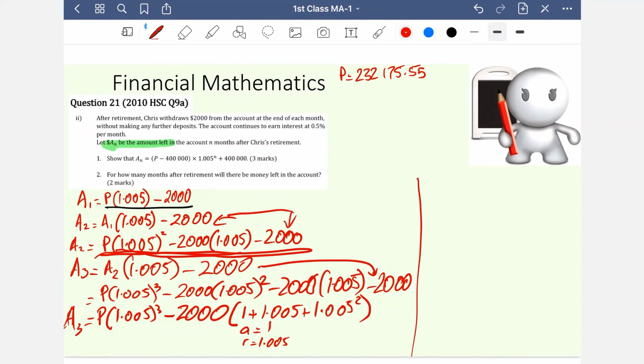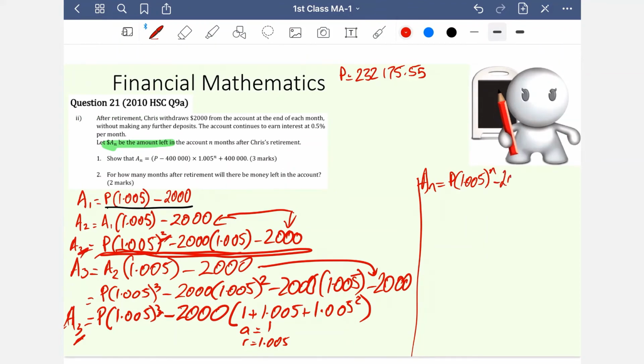Let's go all the way up to An. So An, let's continue this pattern, will be P times 1.005 to the power of n. Because look, when it was 3, that was 3. When it was 2, this was 2.